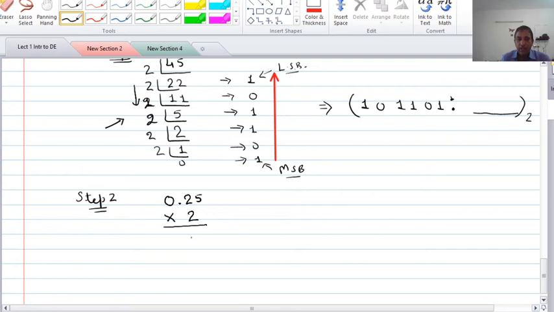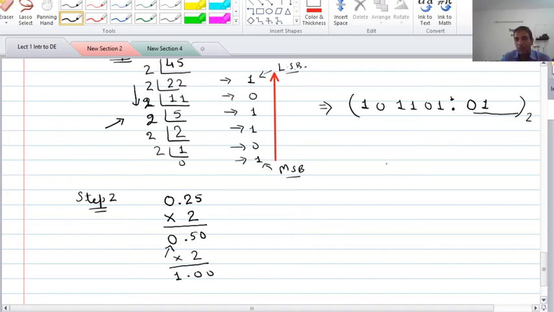Okay, and in this way, the value we receive at this position we have to write here in this place, 0. Again we have to multiply it by 2, then it is 1.00.